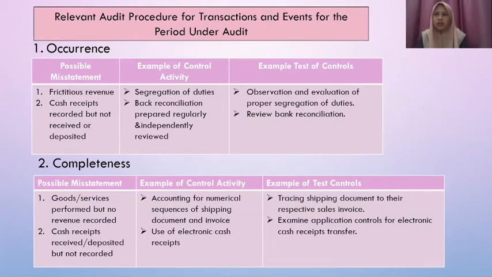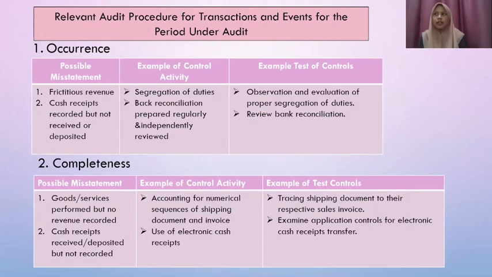What is fictitious revenue? Fictitious revenue is fabricated sales or revenue that could potentially lead to fraud. So what the management can do is implement segregation of duties to ensure there is no fraud.